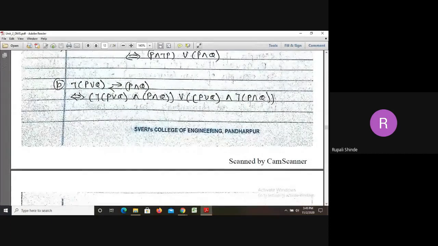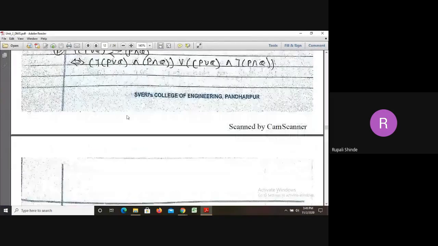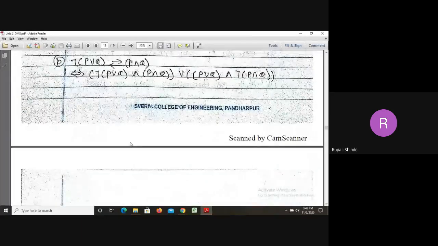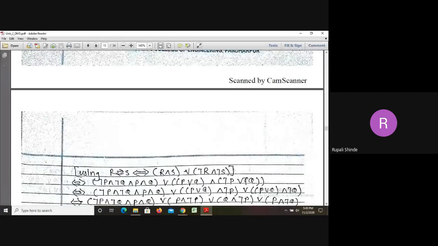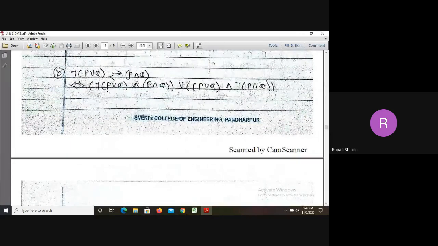Negation of R is negation of negation of (P or Q), so the negations cancel and you get P or Q. That term is written here, and for negation S we again take negation of (P and Q). What we did in step number 1 is just substitute the values of R and S in the given formula. Have you understood up to this step number 1?